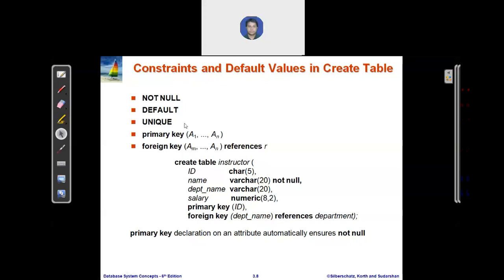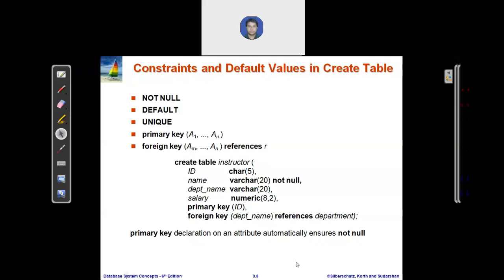Unique means all the values of that attribute must be unique; no two values for that column are the same. Primary key, you can set an attribute or list of attributes as the key of that table. Foreign key means you can set an attribute as a foreign key that refers to some other relation or table.